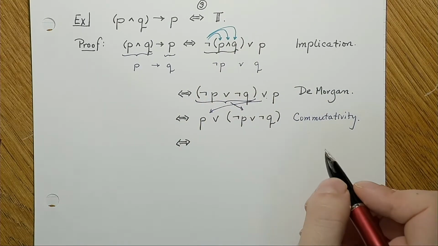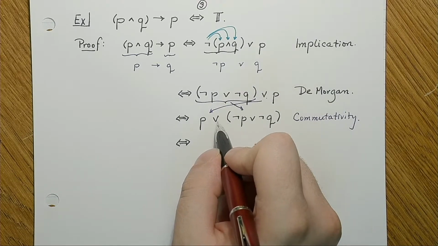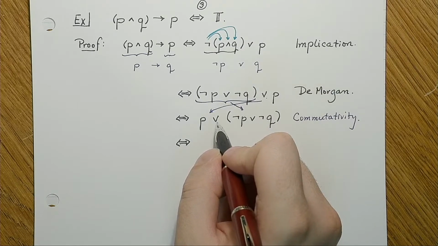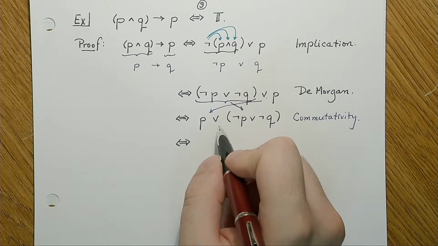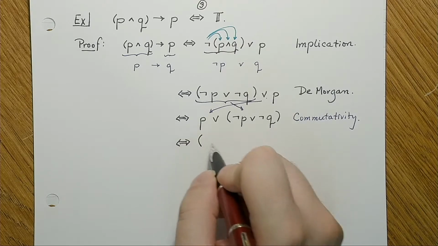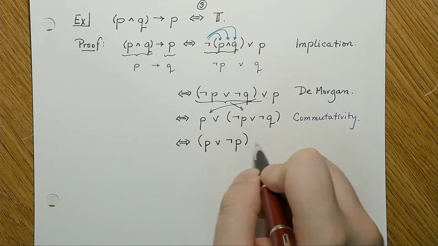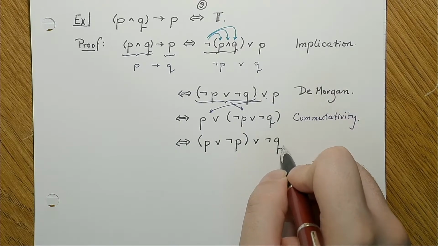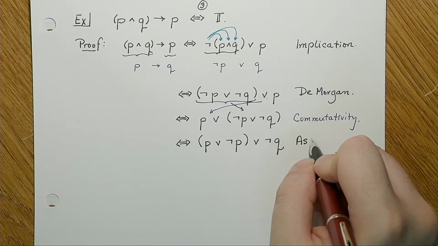And why I'm doing this is because you'll see in a second I have the or and the or, and because I have the same operation, I can move these brackets. So instead now I can write P or not P or not Q. And this is by the associativity.